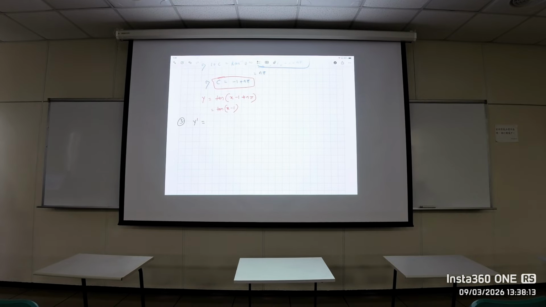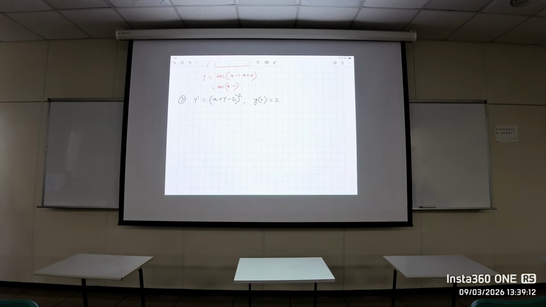y dash is equal to x plus y minus 2 whole square, and y0 is equal to 2, the initial condition. How to solve this one?